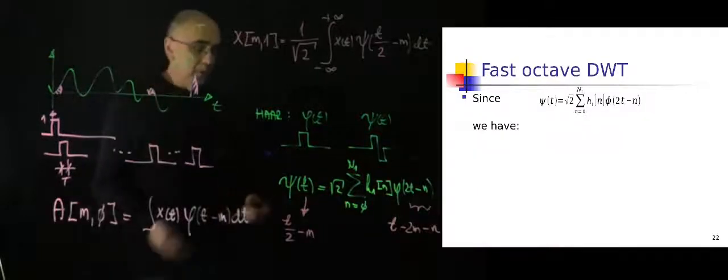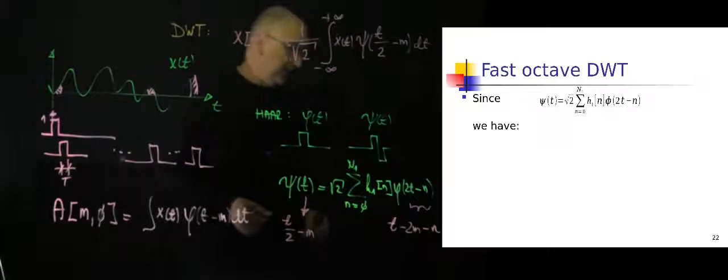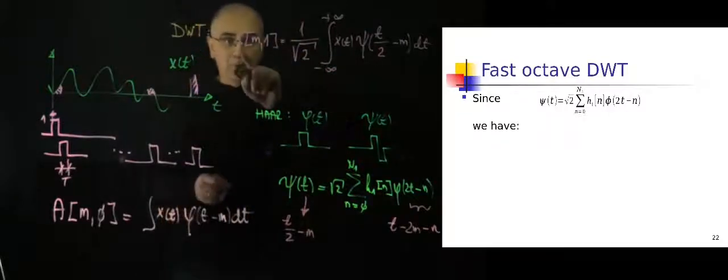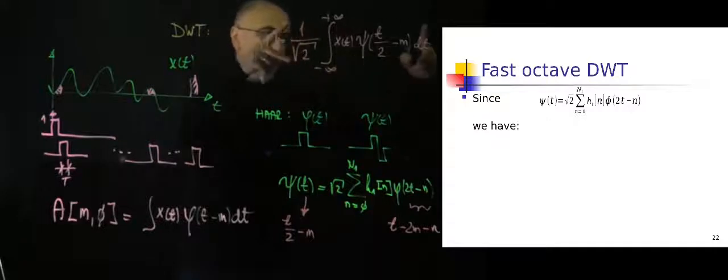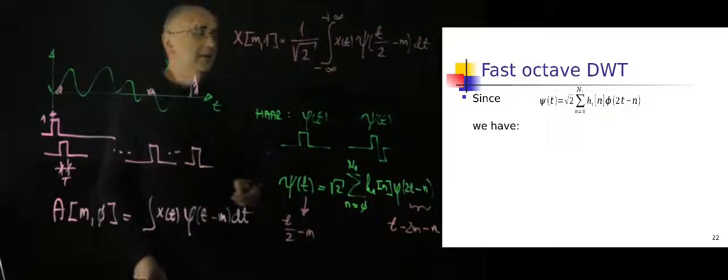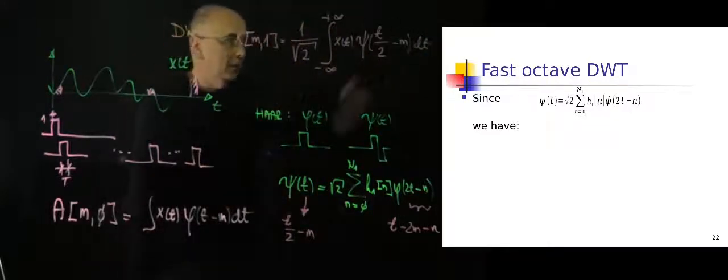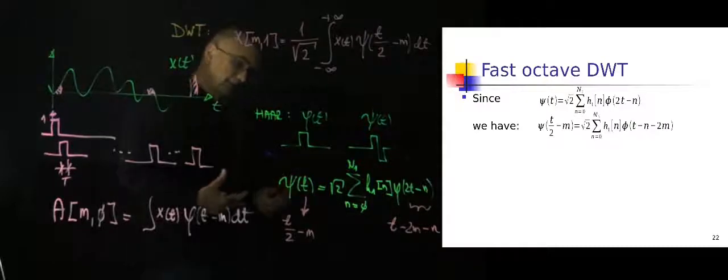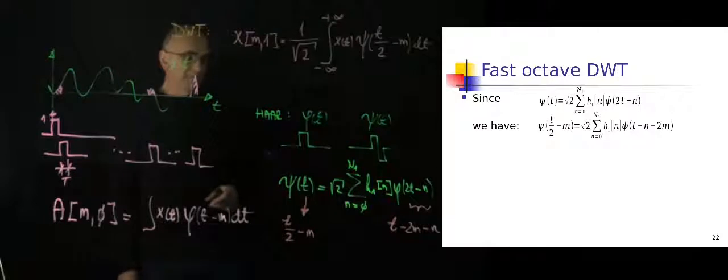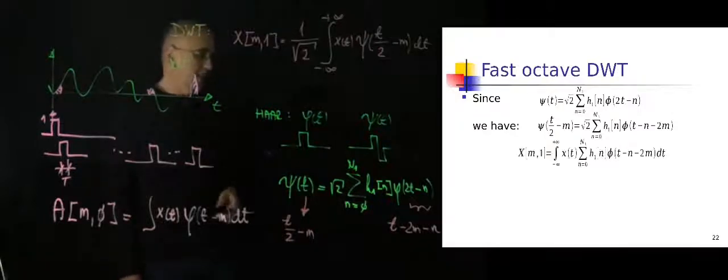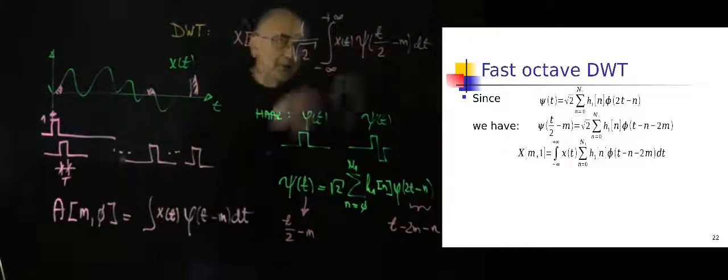Since we have this expression, and since for the first level of decomposition we need to calculate this integral form, I can just put it right here in my integral form. So let's do it together. I just put it in here.